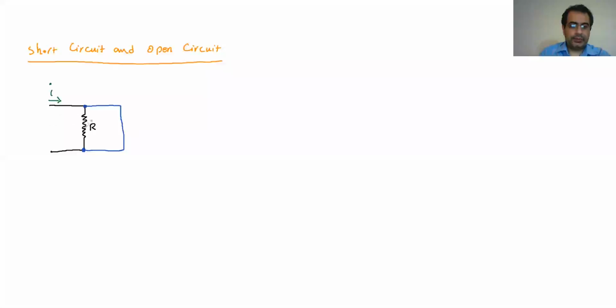This is what I have. With this connection, the voltage becomes zero across that resistance. And because the voltage becomes zero, no current goes through that resistance anymore.